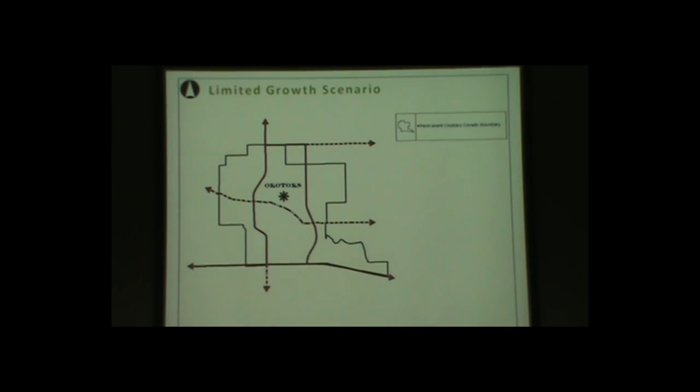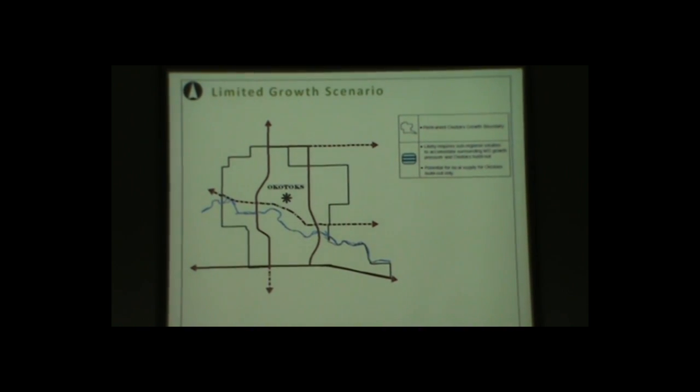So here you'll see on the video a map of Okotoks. The red lines are the road network for Okotoks, and the black line represents the long-term permanent growth boundary that was established through the 1998 Legacy Plan. The boundary here and the road network.